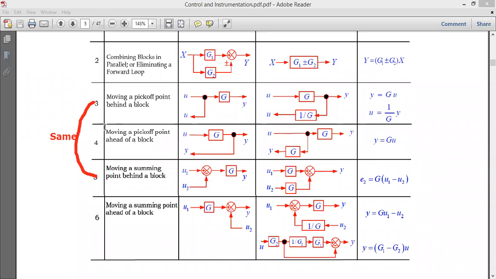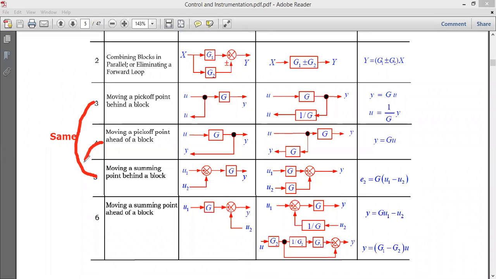Okay, next let us go for point number 6, that is moving a summing point ahead of the block, or simply before the block. The words are a bit different. Now here there is a comparison with point number 4.